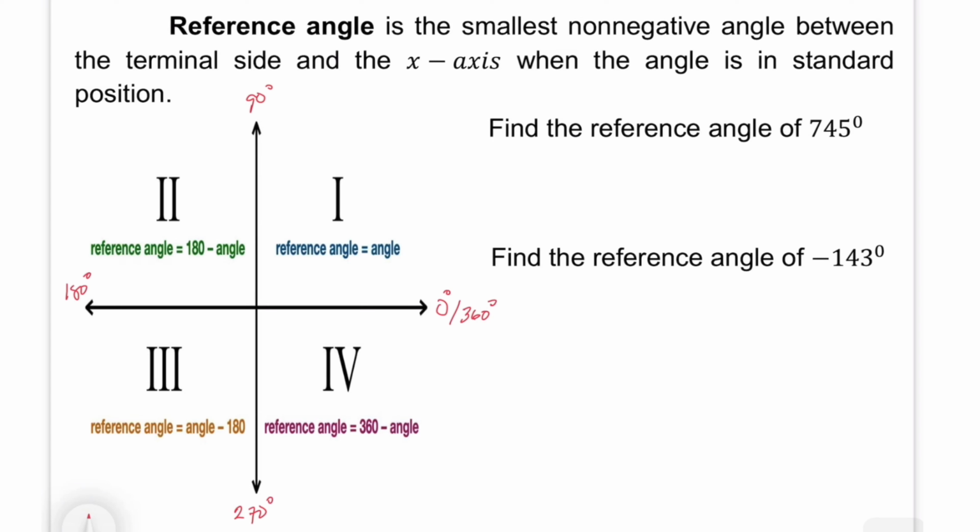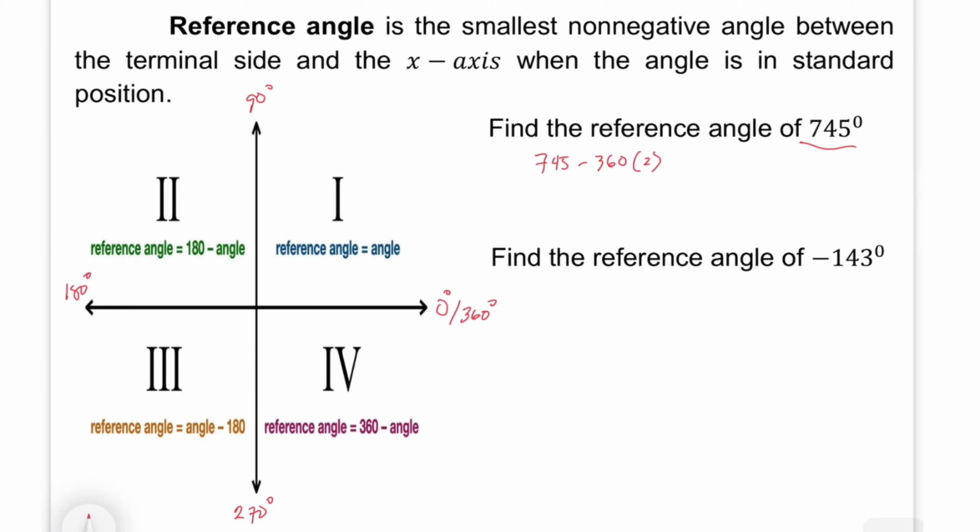We have here the example: find the reference angle of 745. So, i-check natin kung ang given na 745 is pasok doon sa 360. So, ang 745 ay hindi pasok sa limit natin na 360. So, ang gagawin natin dyan is to apply the idea of the coterminal angle. So, since ang given natin is positive, this will be 745 minus 360 times 2. Bakit times 2?